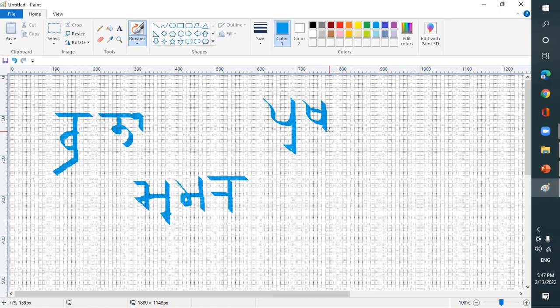C category, right? C category is towards the right. So this is Pushpa. You got my point? Pa, U, Sh, Pa. Now this Pa was C category, so C category we wrote towards the right side.